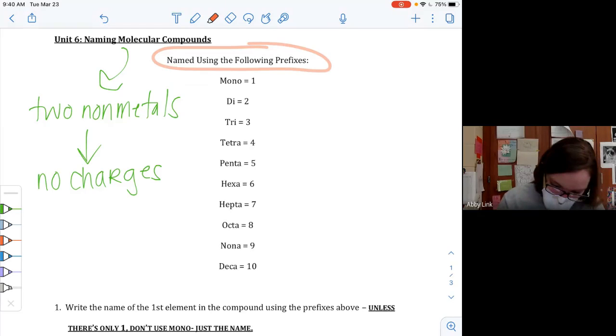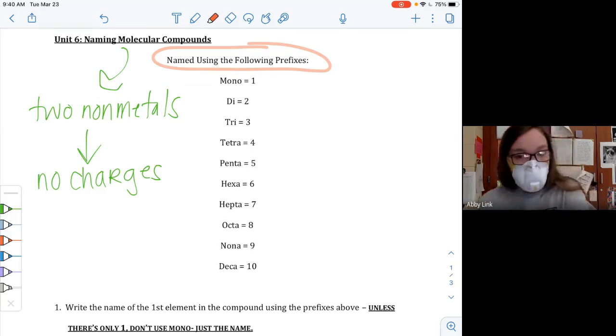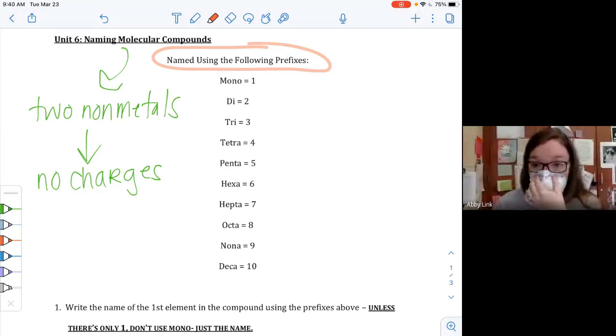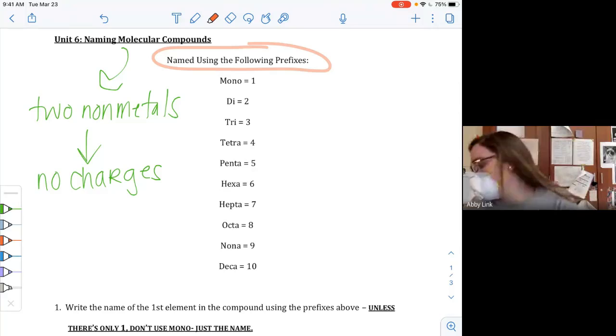We have prefixes for 1 through 10 here. Honestly, friends, 1 through 5 are the most common ones. We'll run into 6, 7, 8, 9, and 10, but they're just not as common. You might have heard some of these prefixes before in other settings. Most people have definitely heard of tri for 3.